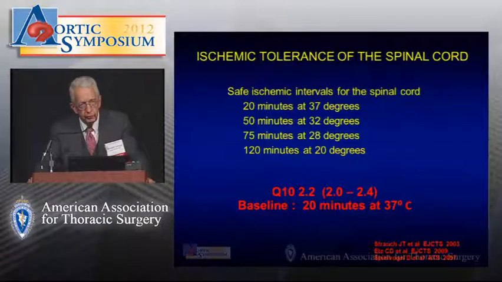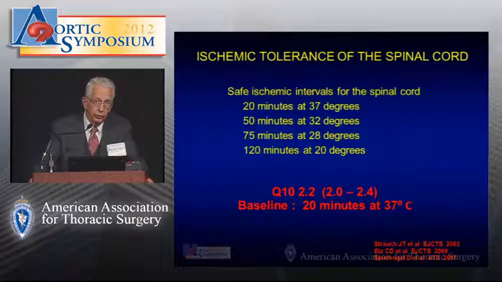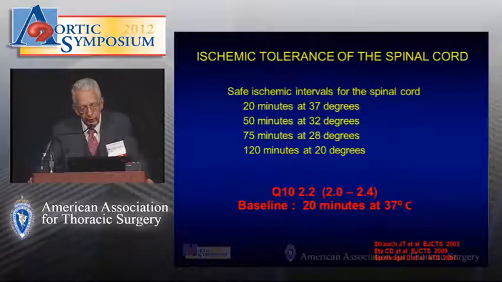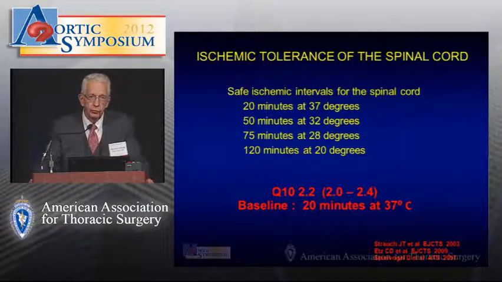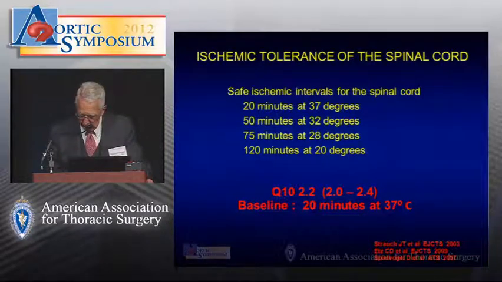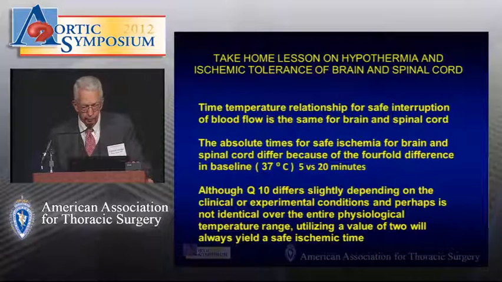You can go for 20 minutes of normothermic ischemia of the spinal cord in man from some clinical studies, and in animals from very rigorous studies. That's quite safe. So with a Q10 of about 2 to 2.4, you get these sorts of numbers for what are actually quite safe intervals for depriving the spinal cord of its blood supply, as you're going to do with either simple aortic cross-clamping or selective cerebral perfusion at higher temperatures.